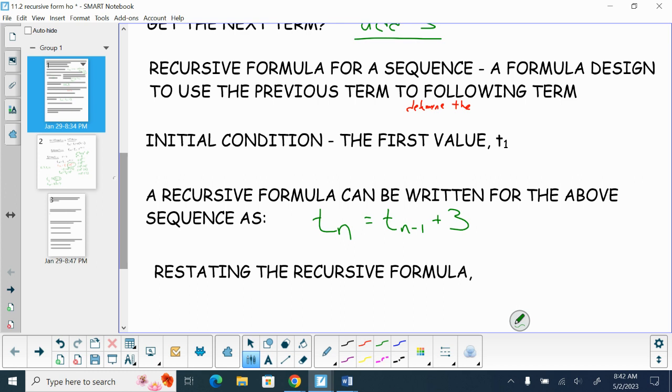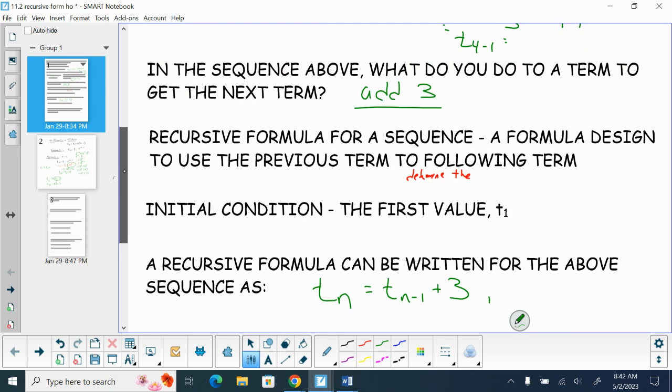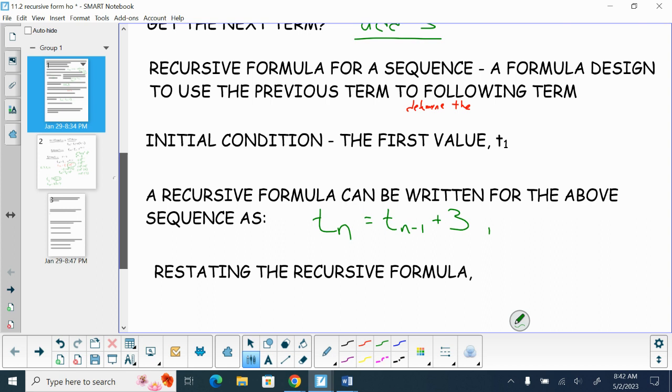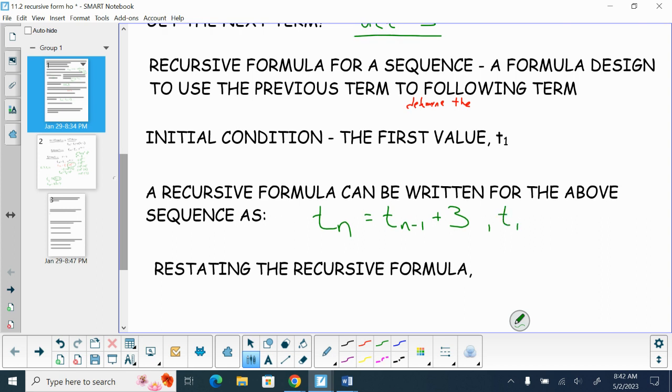To determine a term, we could take our previous term and just keep adding 3 to it. We just keep adding 3 to the previous term to get to our next term. But what we also need to note here is we need to know an initial condition. We have T1 is equal to 2. You need to know where to start.